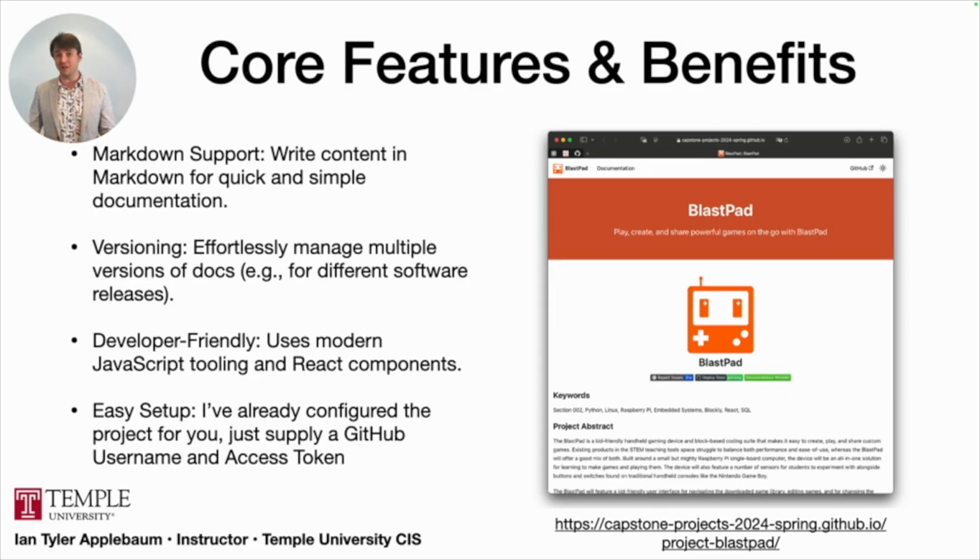And then that URL that you have for that static web page is never going to change unless you change the project name, so don't do that. But you should have that URL forever. And so if you want to ever go back and see that documentation later or share it with employers or just anybody, it's always there.